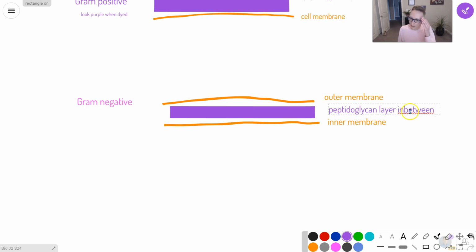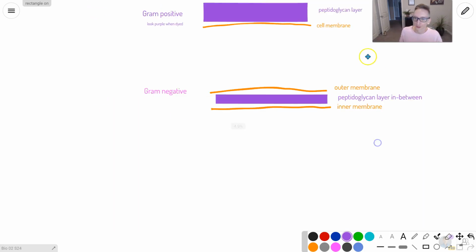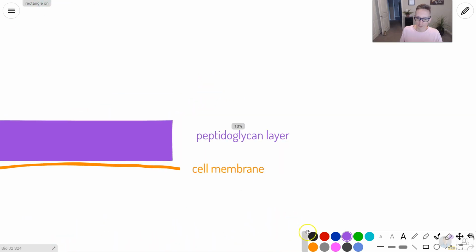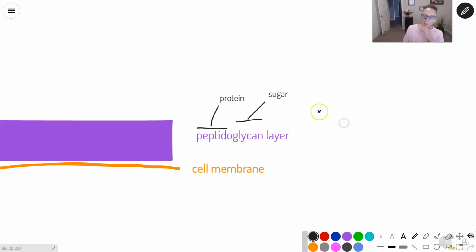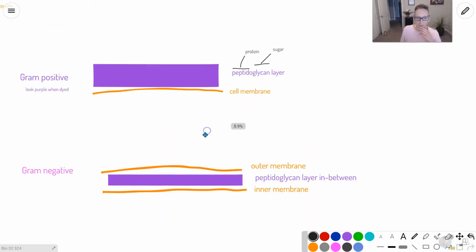And peptidoglycan is a peptide and a sugar. Let me do that up here for you. This is a protein and a sugar. Oh, macromolecules. You mix them together, you get peptidoglycan.